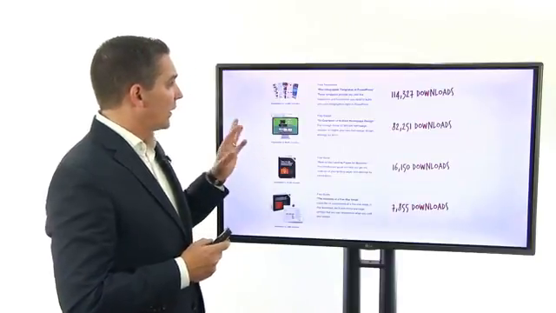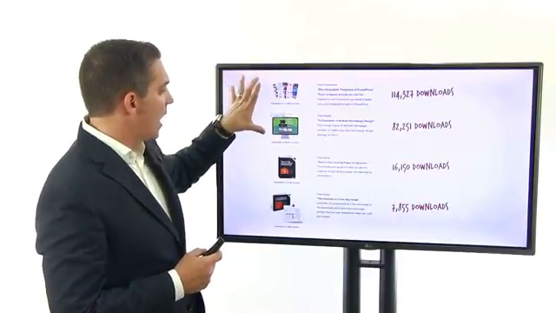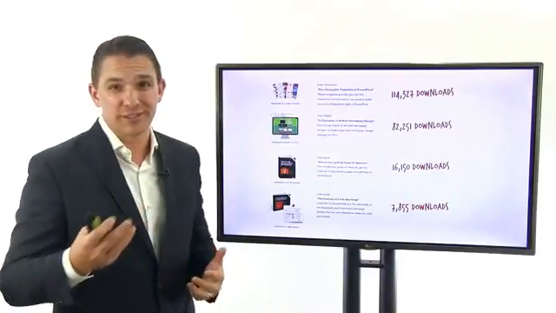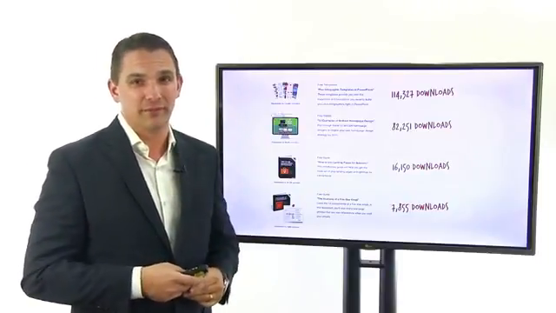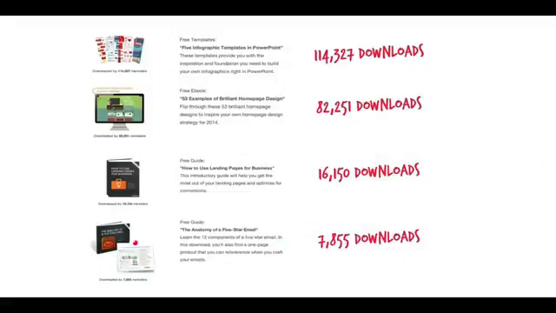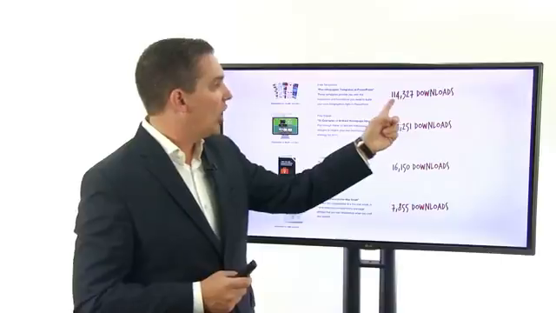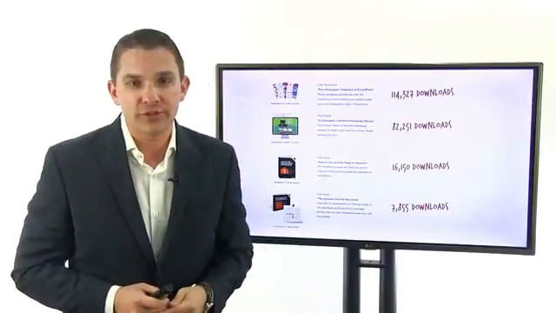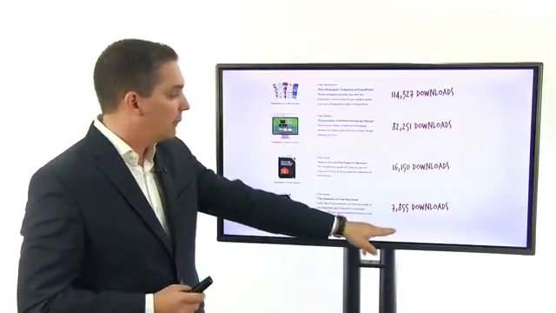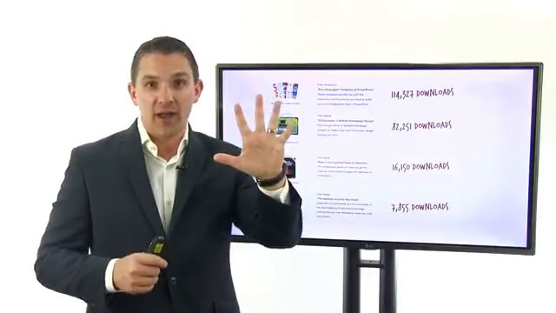And so I'm zooming in a little bit. These are the top 2 and the bottom 2. Just for the sake of space, I cut out the middle one that was the third. But check this out. Look at the ones that were at the top. This one, the one that got the most downloads, 114,000 downloads. So this one lead magnet generated 114,000 leads compared to their bottom one, the number 5 on their list.